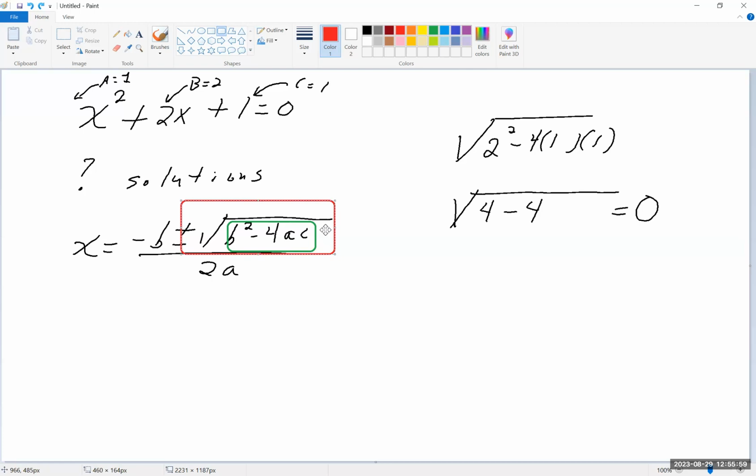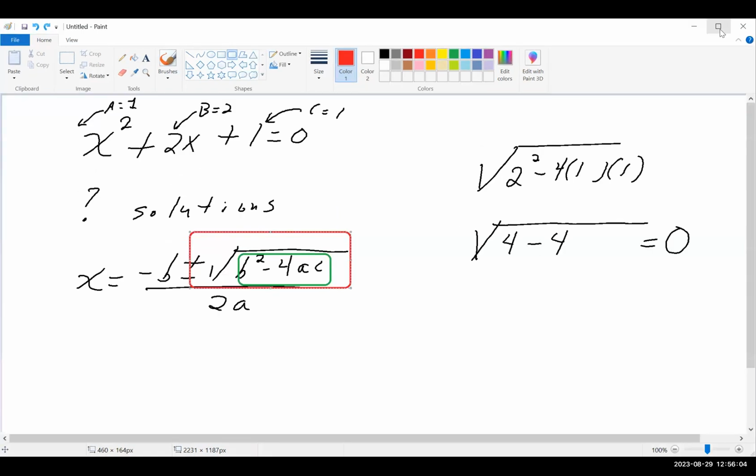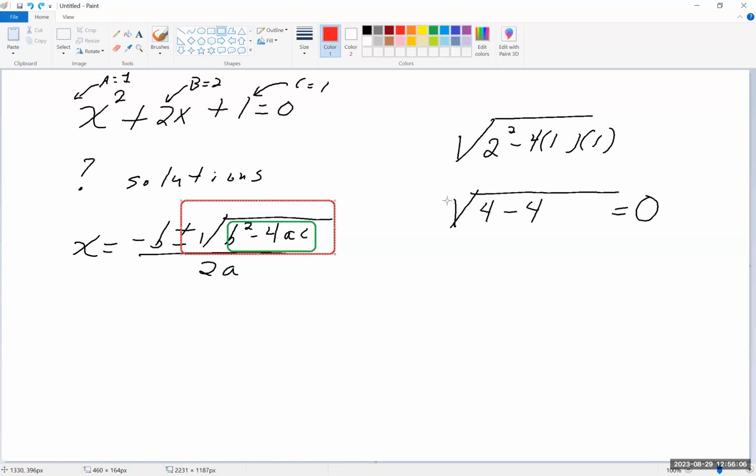Okay, now what does that mean? It's worth looking at the graph to make a complete connection. So let me see if I can do that here.